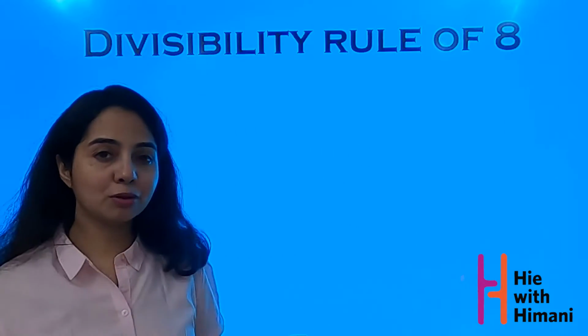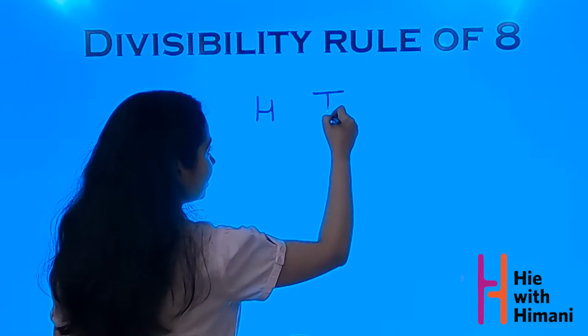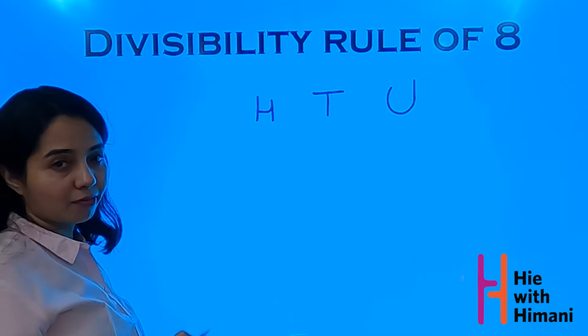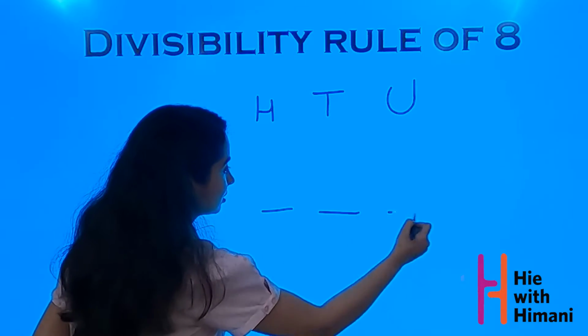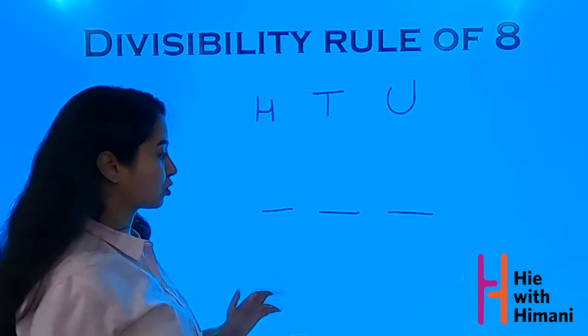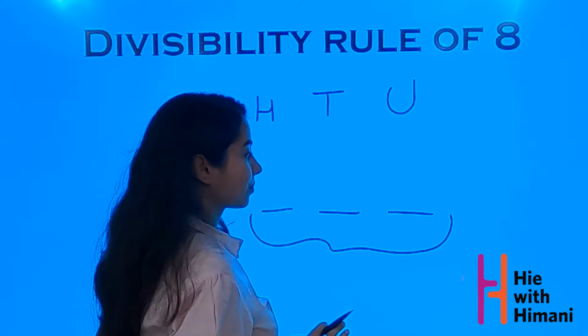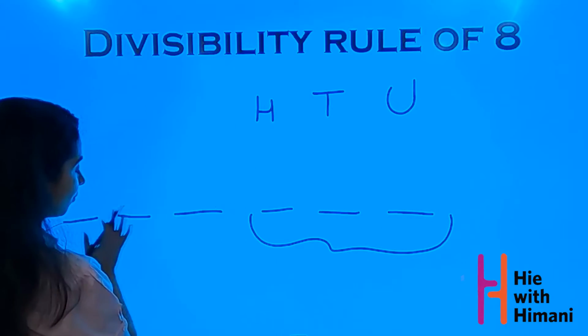The divisibility rule of 8. In this, I have to check the hundreds place, the tens place, and the units place. Whatever number these 3 digits form together, if that is divisible by 8, we don't have to bother about the rest of the number.